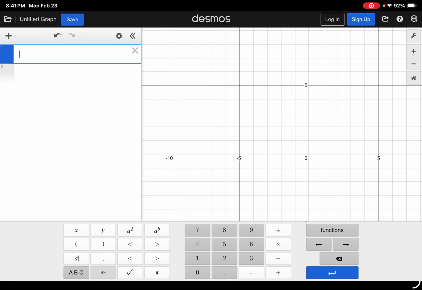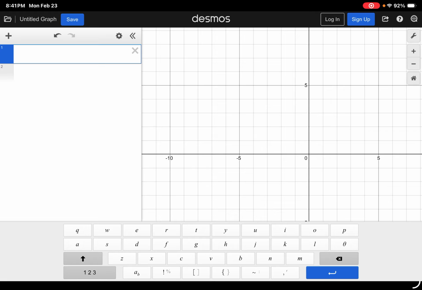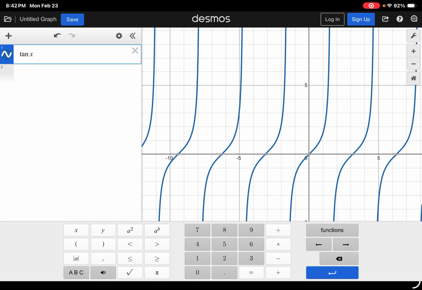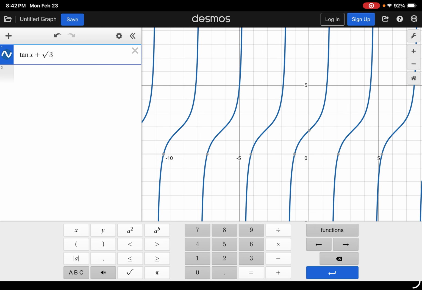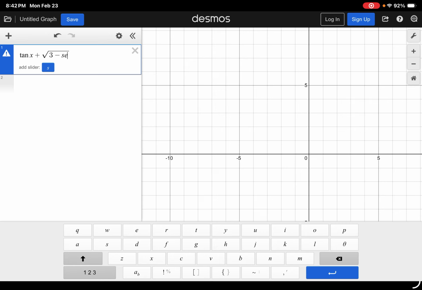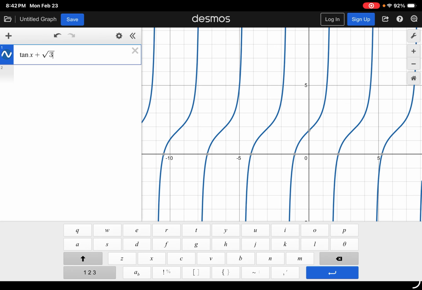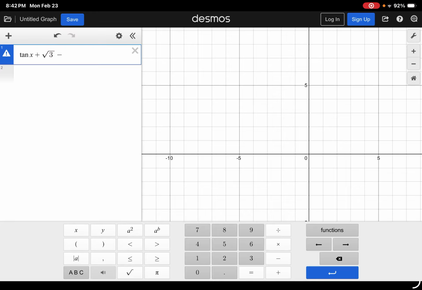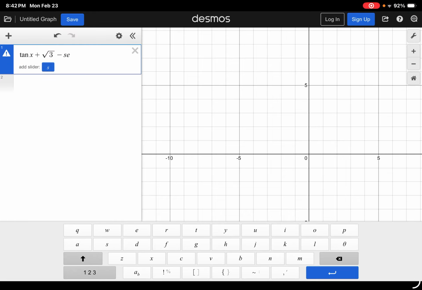Okay, so just simply enter tangent of x plus the square root of 3. Okay, and then minus secant. Oops. Okay, so I need to enter a space bar over here, otherwise it's going to put it inside the radical. Okay, there we go. Minus secant of x.